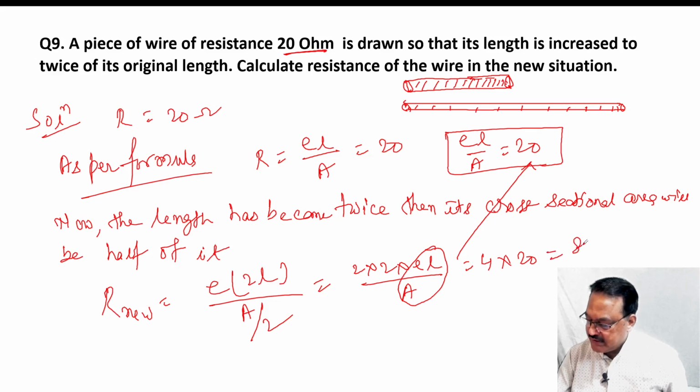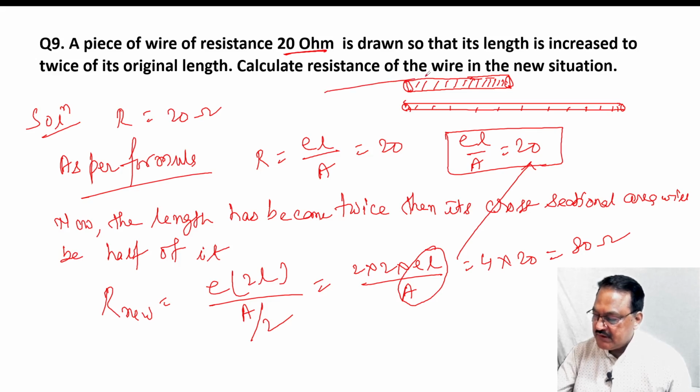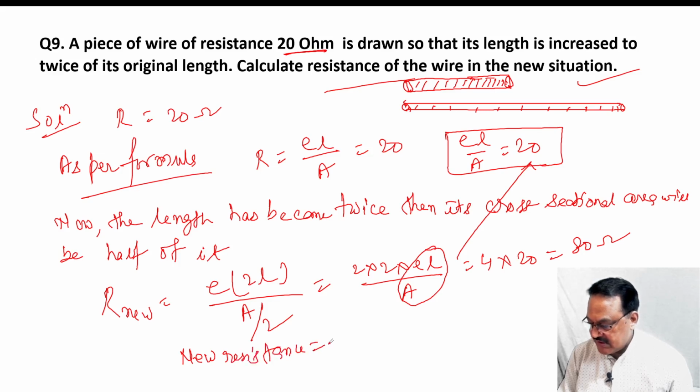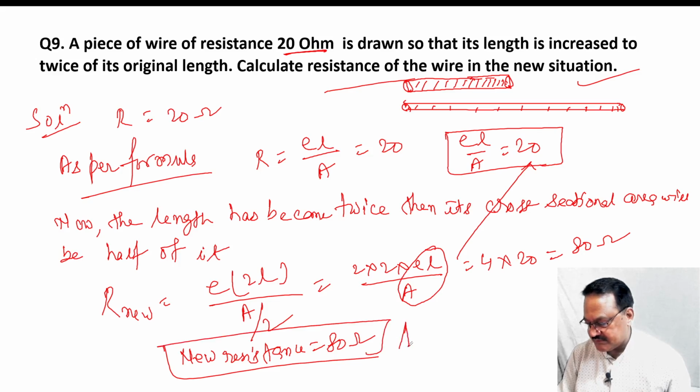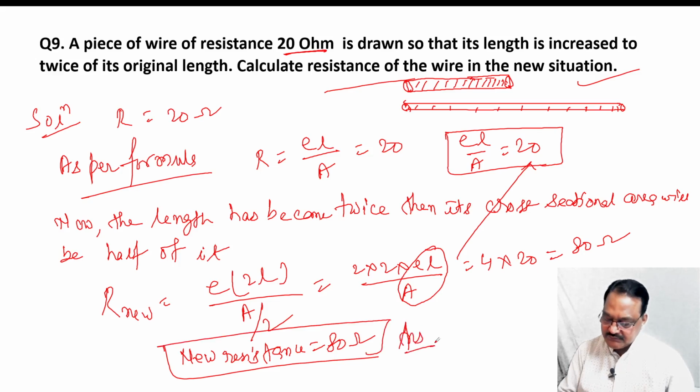It will be 80 ohm. So the new resistance value in the new situation will be 80 ohm. So new resistance is equal to 80 ohm. This is the answer. Fine.